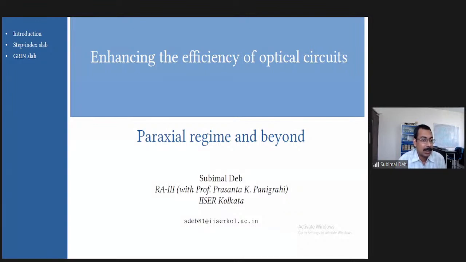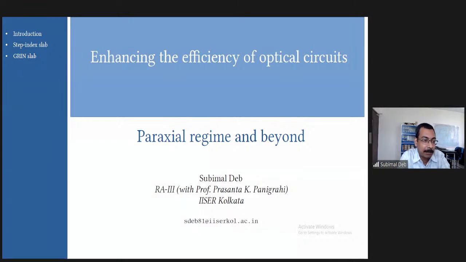Now, why is this important? This is important because the optical circuits that will eventually be used for designing quantum computers or in any of the nanophotonic circuits would consist of small optical elements which are interlinked. And when you link elements together, it is very important that light from one element is efficiently coupled into the next element.